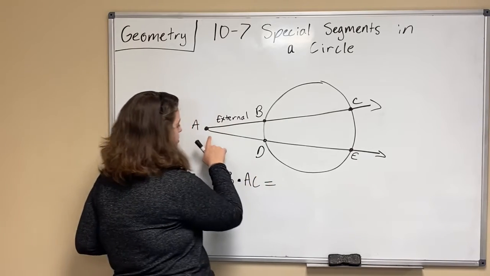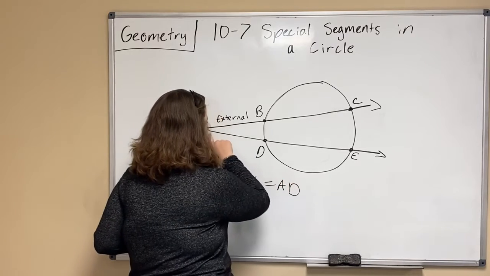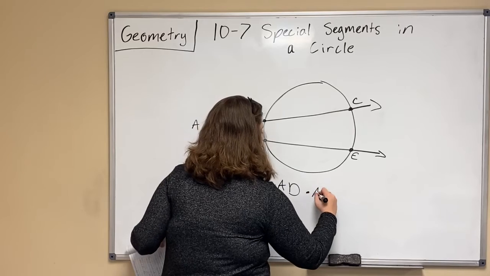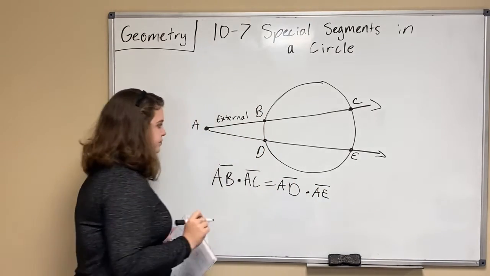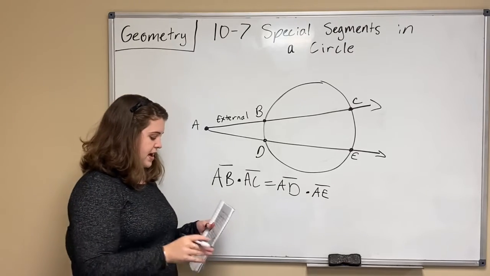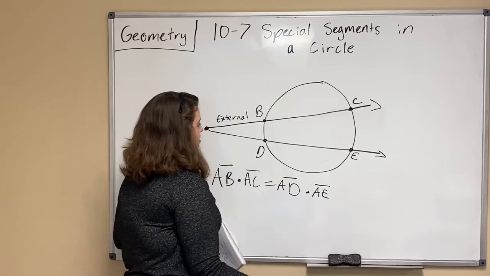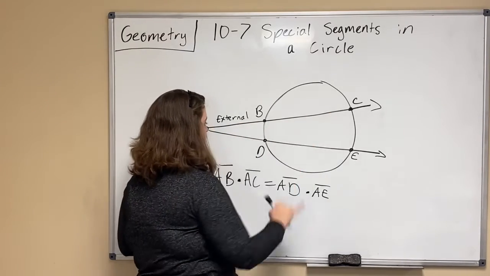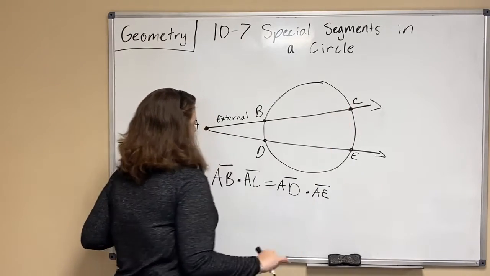That will be equal to the external segment of this one, AD, times the whole one, A to E. That has the potential to be a little bit confusing because it might be tempting to do AB times BC, but it's not. It's AB times AC, the whole thing.